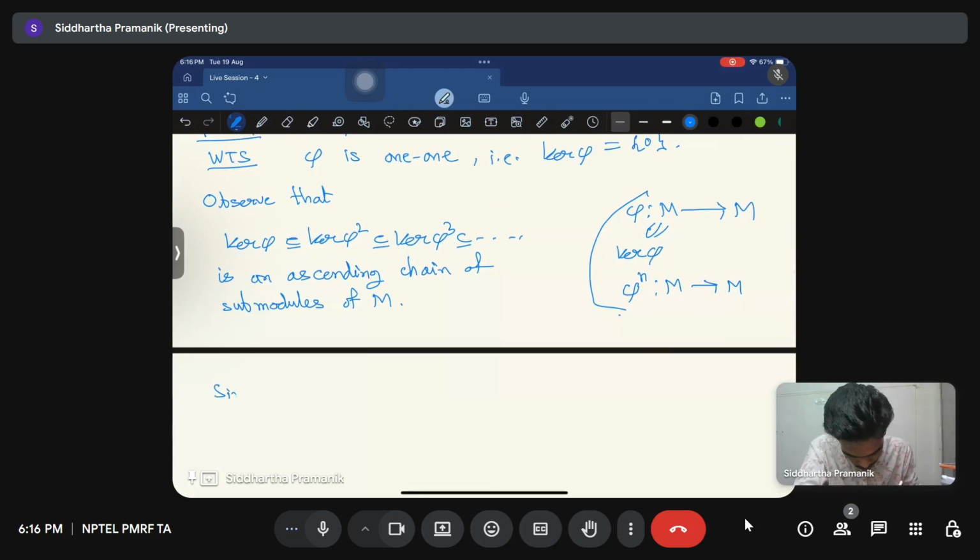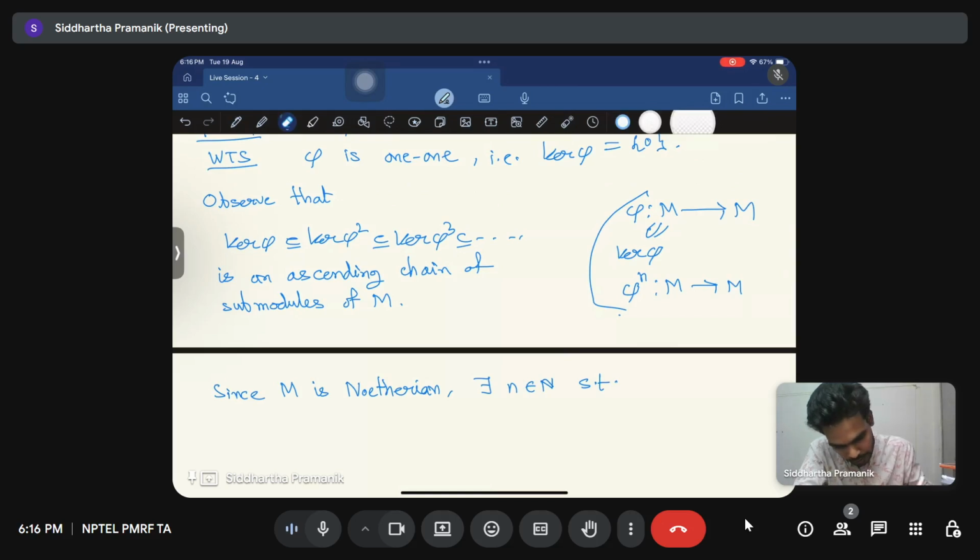So since M is Noetherian, there must exist some natural number, let's take it as k, such that kernel of phi power n plus 1 will be equal to kernel of phi power n for all n greater than or equal to k.